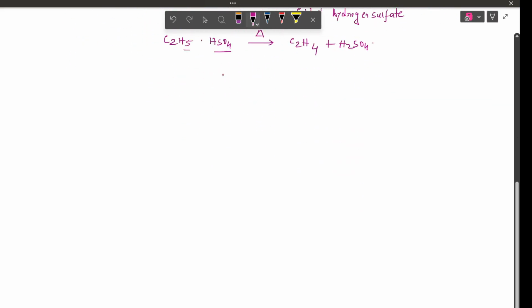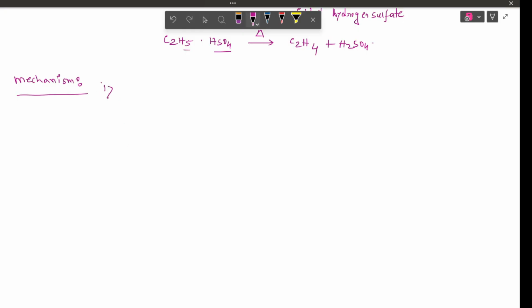Now let us talk about the mechanism of this reaction, because it's very important. So this is our mechanism. See, the acidic dehydration of alcohols takes place in some steps. So our first step is protonation of alcohols.